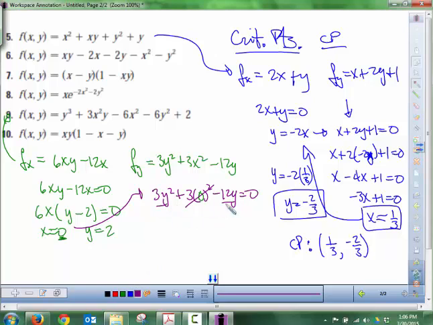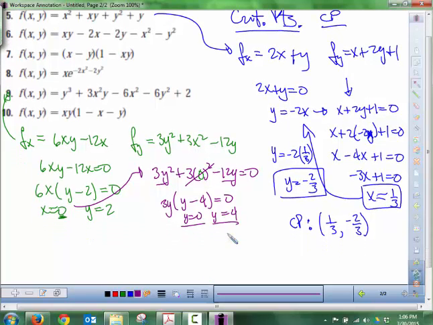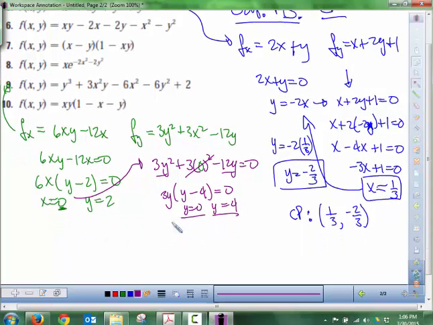I have a 3y that I can take out. I have y minus 4 equals 0. So y is equal to 0 and y is equal to 4. So with x equal to 0, I have these two points. So far, we have (0, 0) and (0, 4) for critical points.